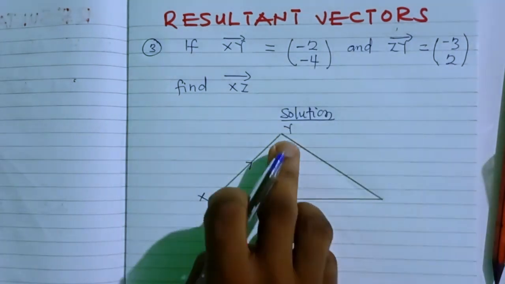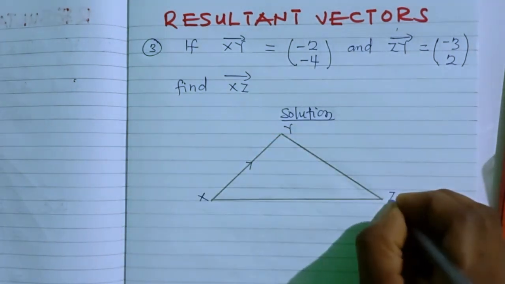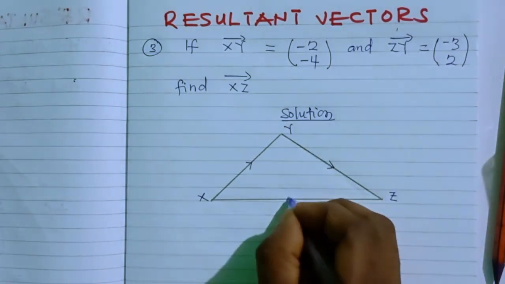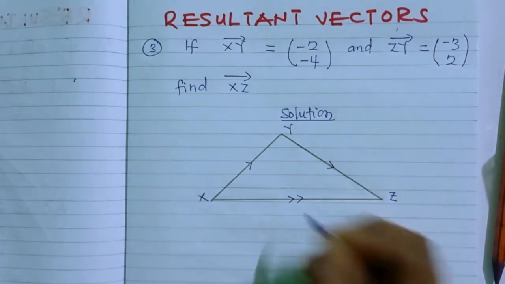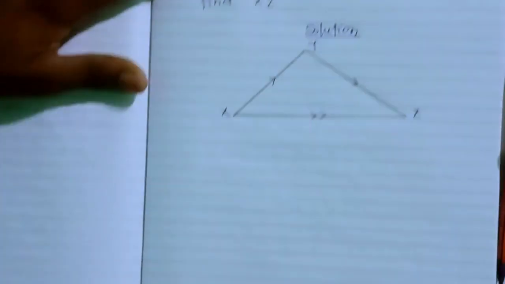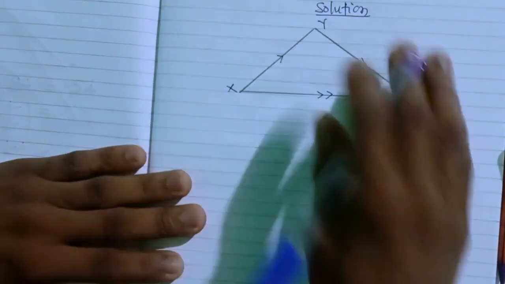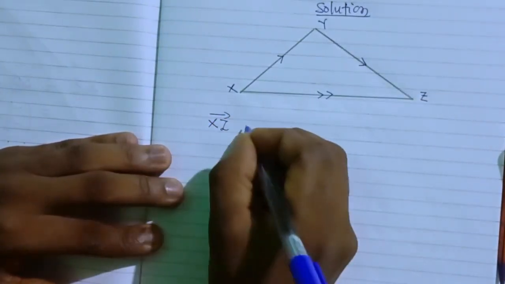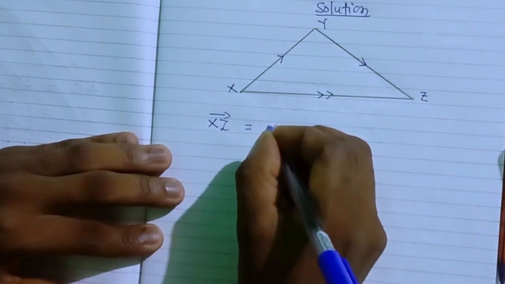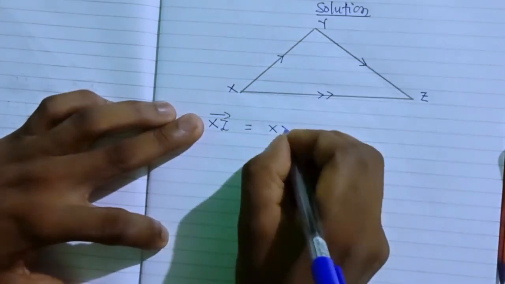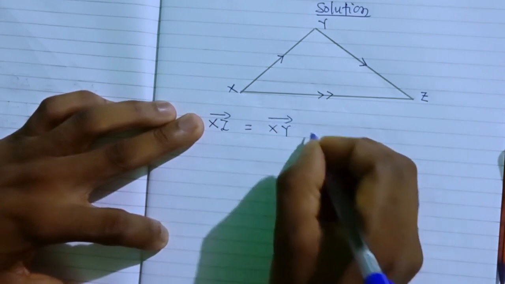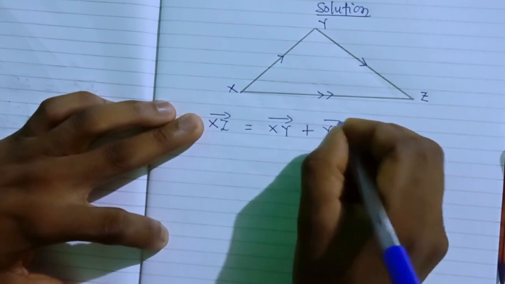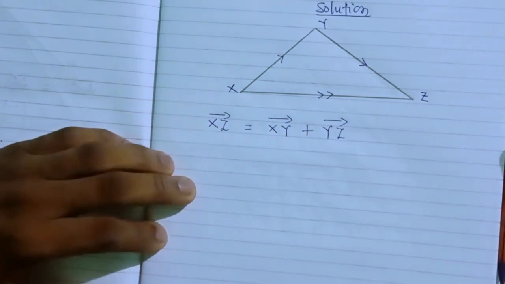Here will be yz, so z will be here, and I need xz like this. Now I'm looking for xz. Vector xz will be equal to vector xy plus vector yz.